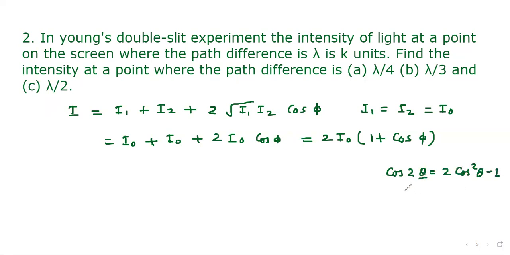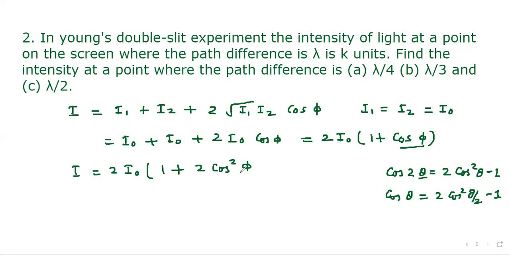If we replace theta by phi by 2, cos phi will be equal to 2 cos square phi by 2 minus 1. So in place of cos phi, if we write 2 cos square phi by 2 minus 1, then 1 will get cancelled. So we will get I equal to 2I0 times 1 plus 2 cos square phi by 2 minus 1. So 1 will cancel out, and we will get 4 I0 times cos square phi by 2.